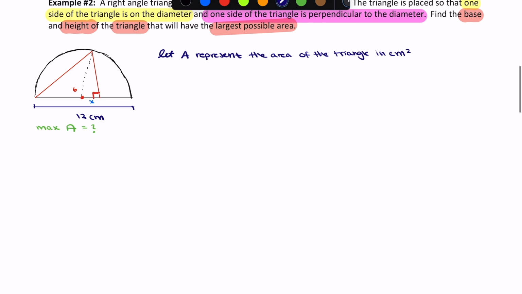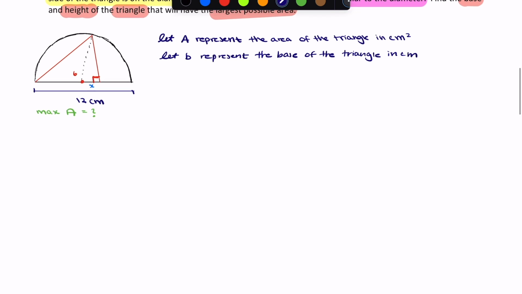We'll let B represent the base of the triangle, and that'll be in centimeters.